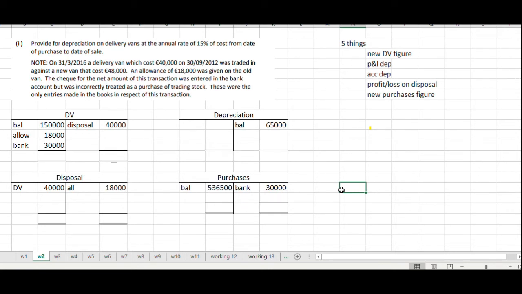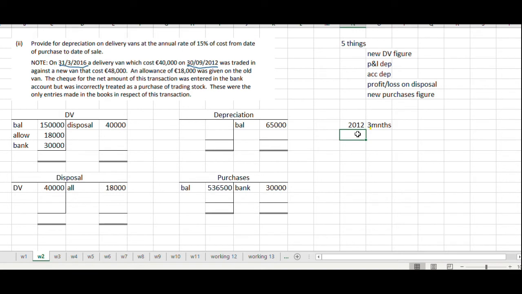The next figure we're going to work out takes a bit of calculation. When you dispose of a van, you must dispose of the depreciation as well. So we are looking at some dates here. The van was bought on the 30th of the 9th, 2012, and it was traded in on the 31st of the 3rd, 2016. So what I'm going to do at the side here, how many months is that? In 2012, that was October, November, December, 3 months.